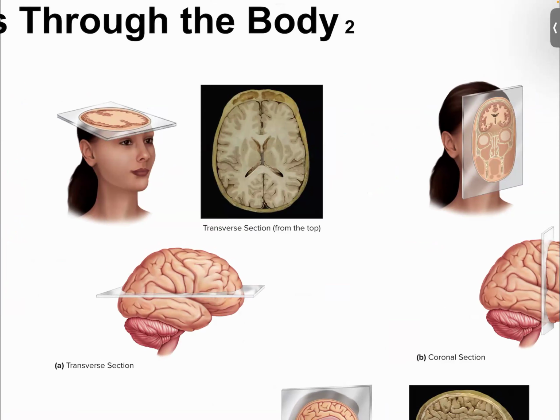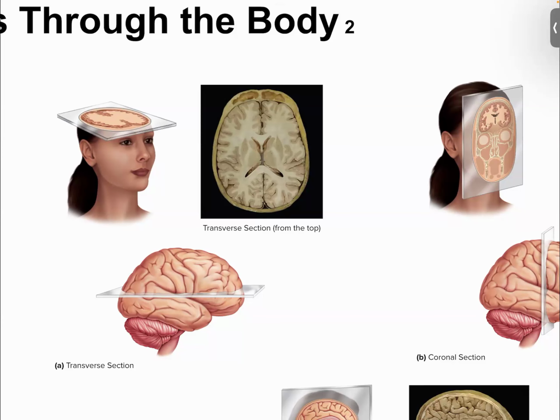This is a very, very common one, especially if you're doing an MRI, because you're lying down in your supine position, and the images are taking slices of your head like this in a transverse aspect. You zoom in through the head from the top, and then go down through the rest of the brain if you're doing a brain MRI.